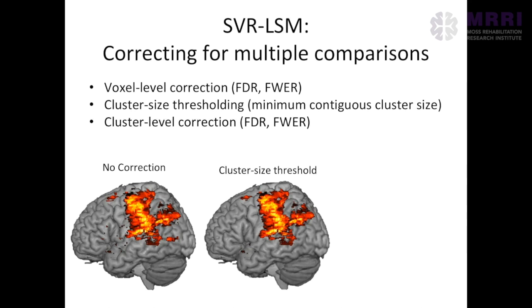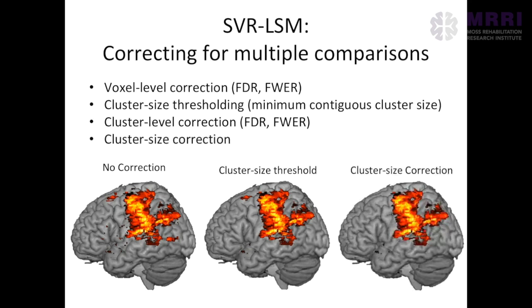This is the idea that instead of doing something like FDR or FWER at the voxel level, you can do it at the cluster level. I don't know what the statistical rigor is for doing it that way, but it is a possible option, so we're throwing it out there.